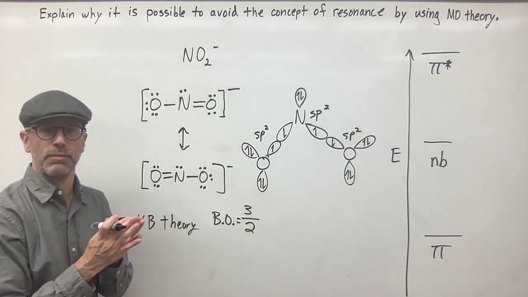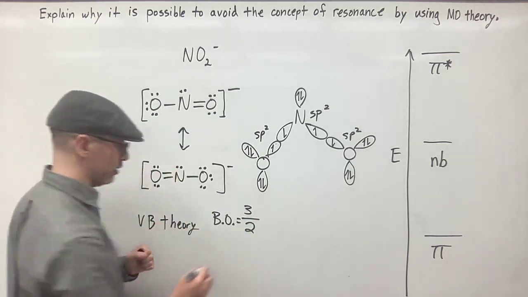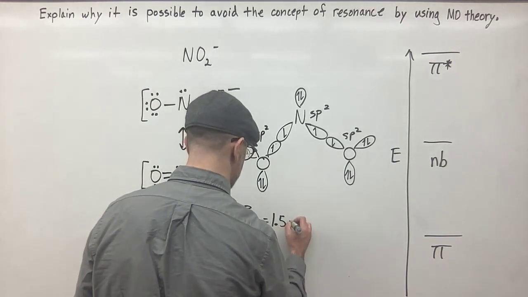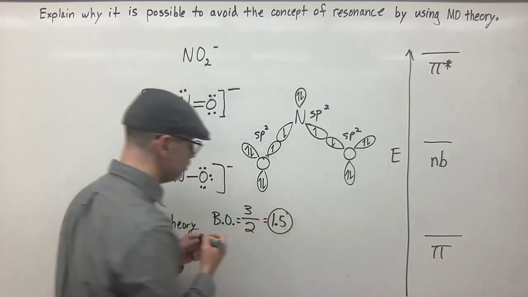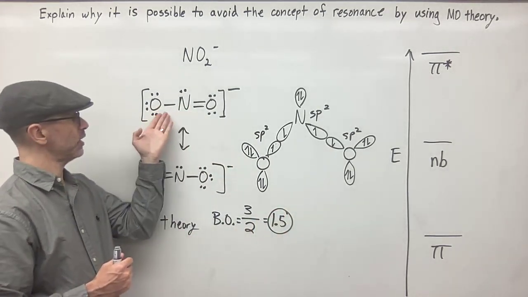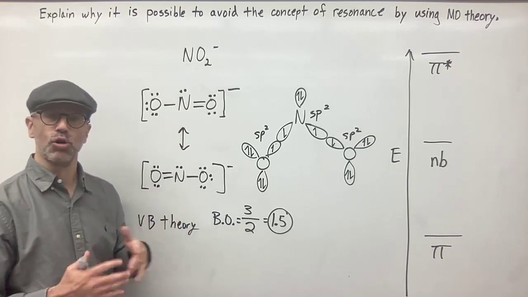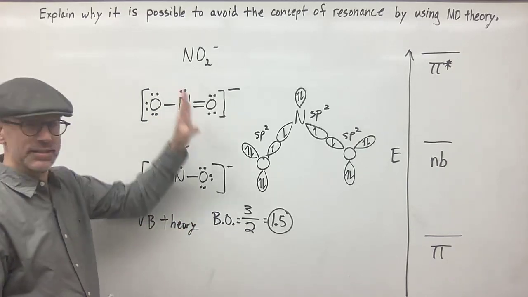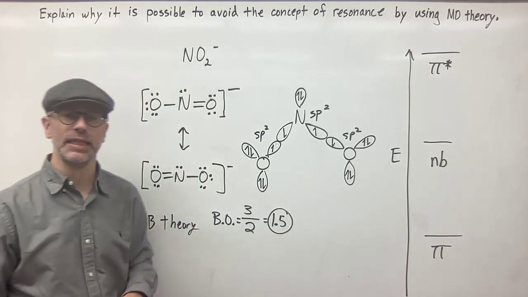You're dividing the 3 bonds equally among the 2 atoms, and that means you get 1.5 bonds shared here. So the bond order between both atoms is going to be equal, and they're both 1.5 bonds, right? So that is how you can use valence bond theory.